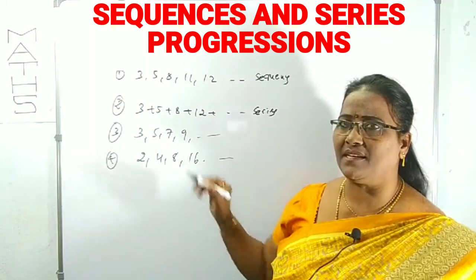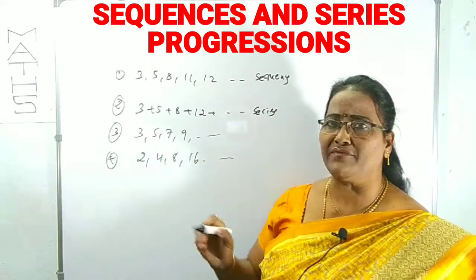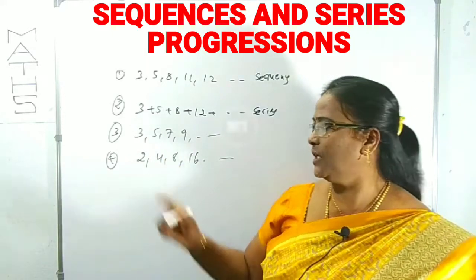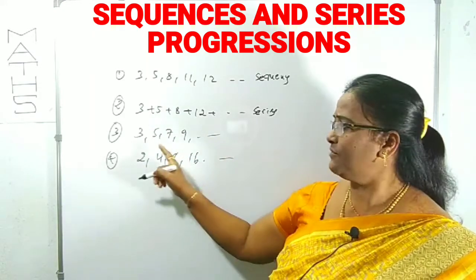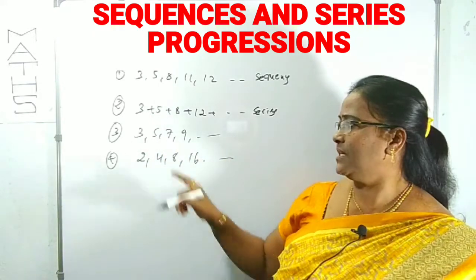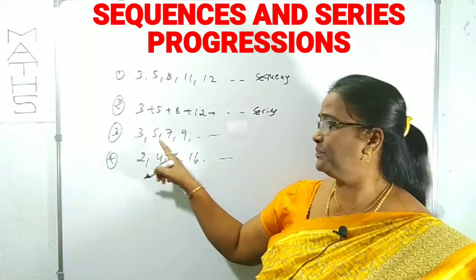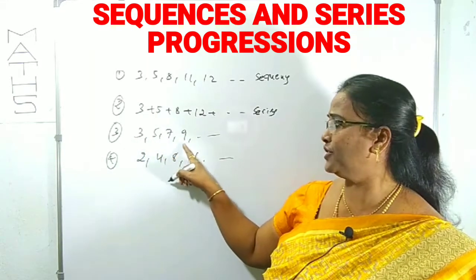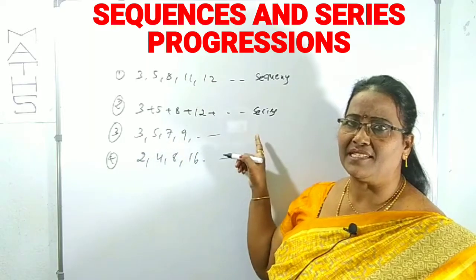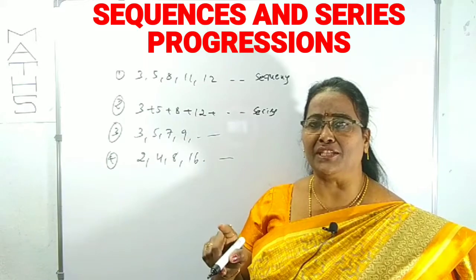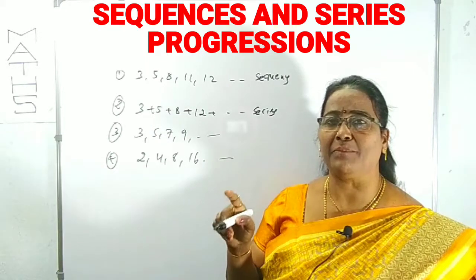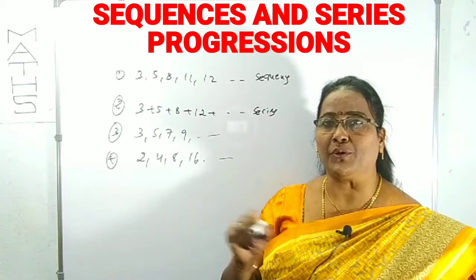If the series or sequence, especially a sequence, follows a particular pattern, look at this example 3, 5, 7, 9. This is one of the sequences. You can observe that the difference of the second term to the first term, the third term to the second term, and the fourth term to the third term is the same. It means it maintains a particular pattern. Such a type of sequence is called a progression.